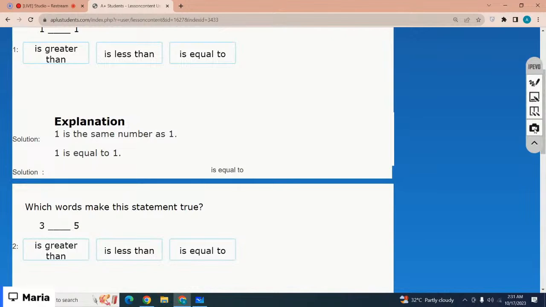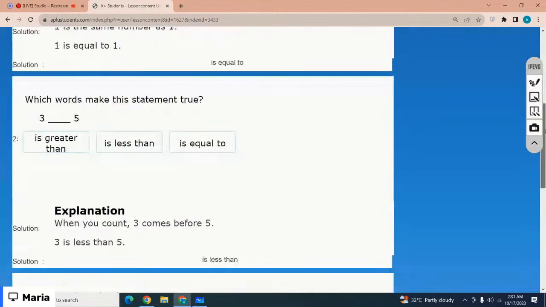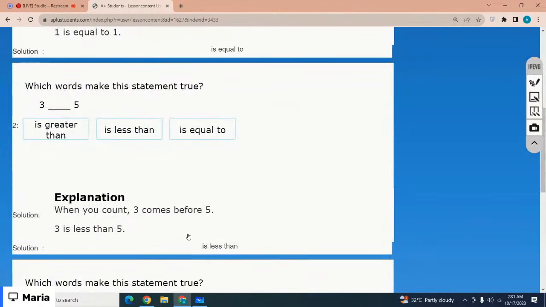When you count, you have 1, 2, 3, 4, and 5. So 3 comes before 5. So 3 is less than 5, right? The correct option is less than. When you count, 3 comes before 5, so 3 is less than 5.